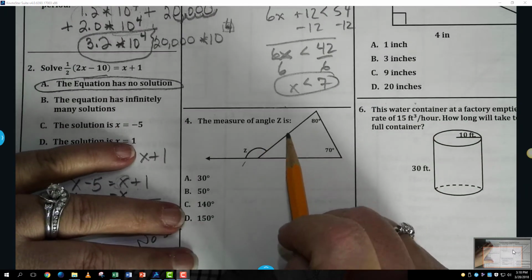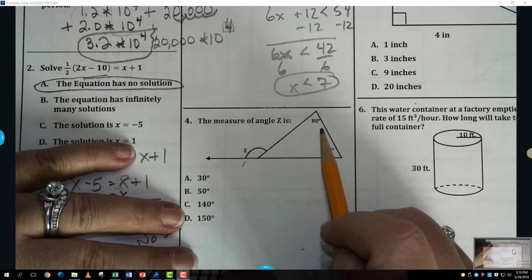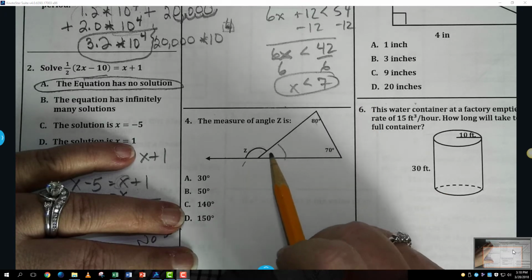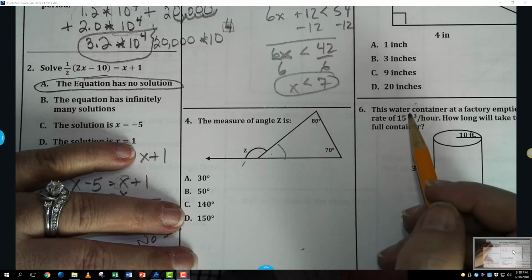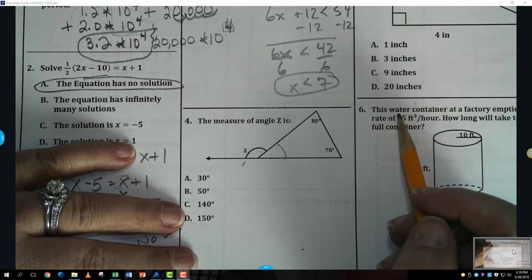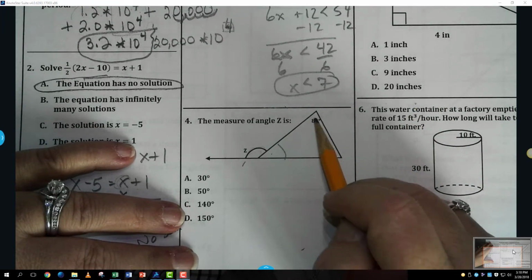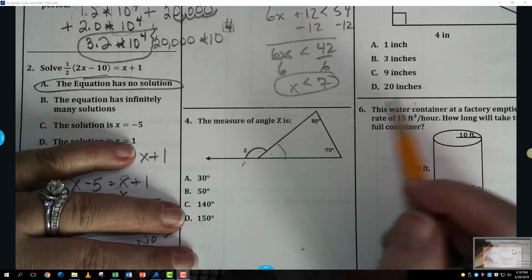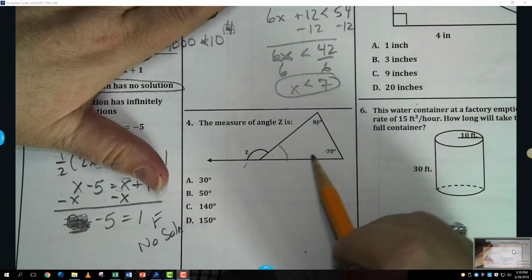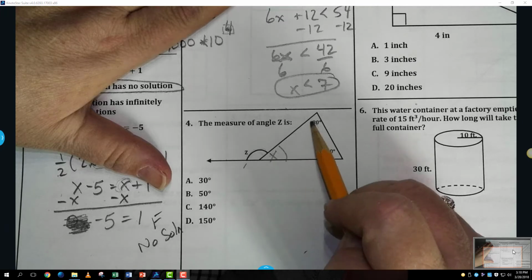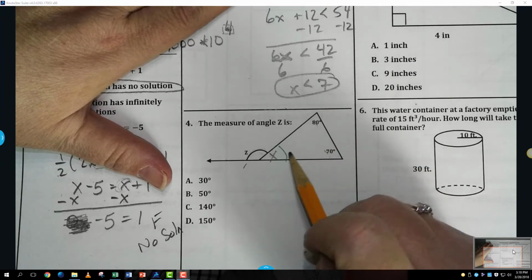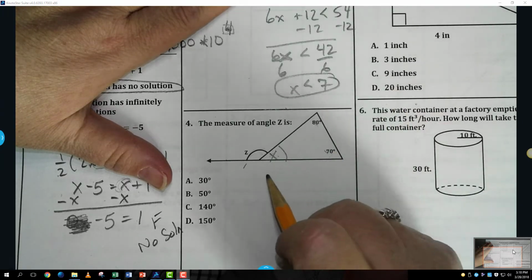The measure of angle Z, they want us to find it. So in a triangle, the 3 angles of a triangle equal 180. I was thinking 150 because when I add these two, I get 180. Scratch all that. The sum of the 3 angles in a triangle is 180.